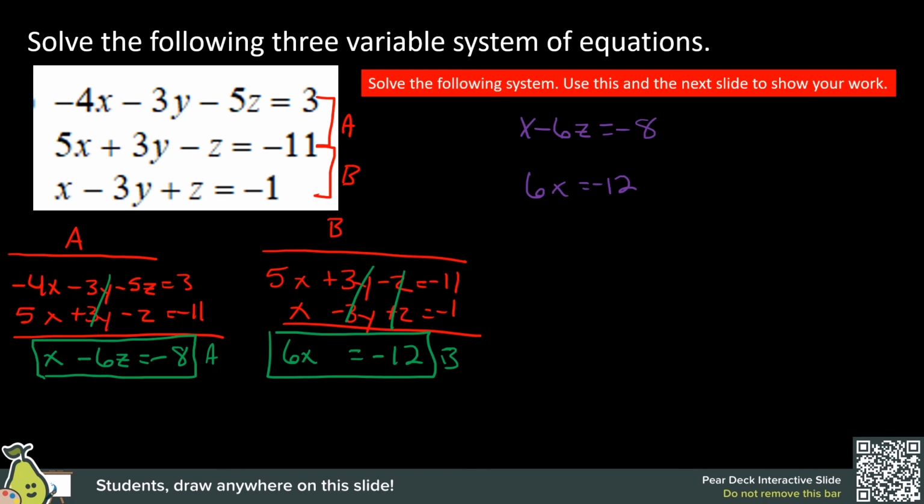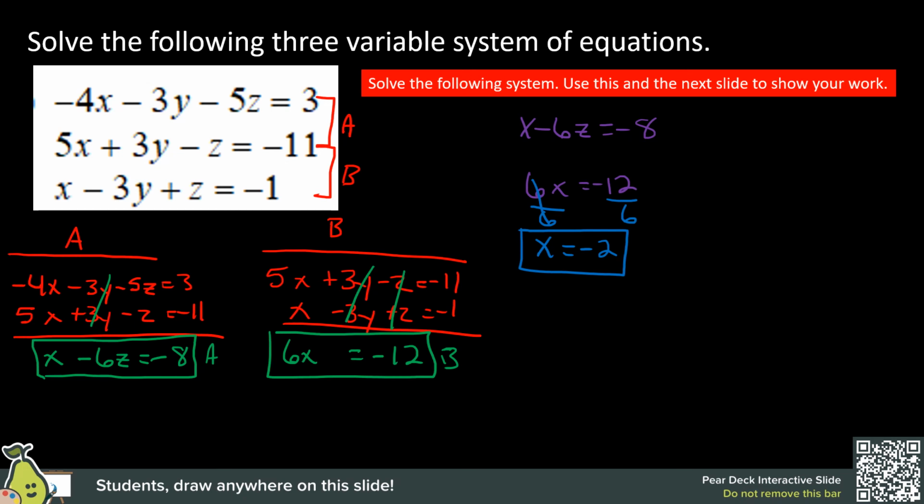So this is actually going to save us some time. I can already divide both sides by 6, and I get that x equals negative 12 divided by 6, which is negative 2. Very cool. That saved us time by eliminating that other variable. So be smart about which equations you add up so you can eliminate variables.